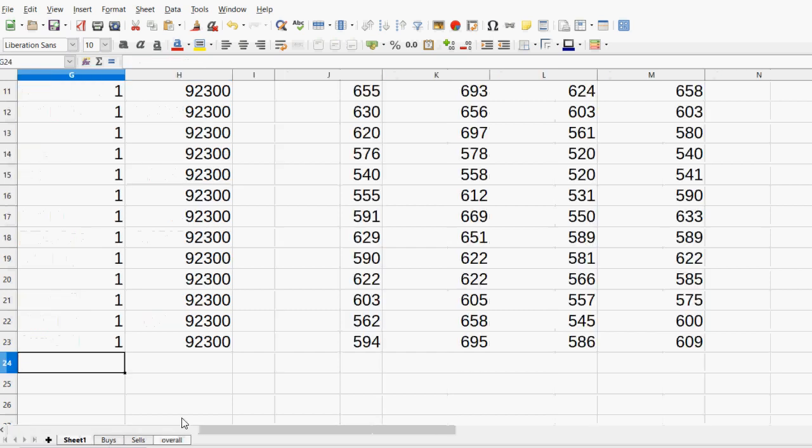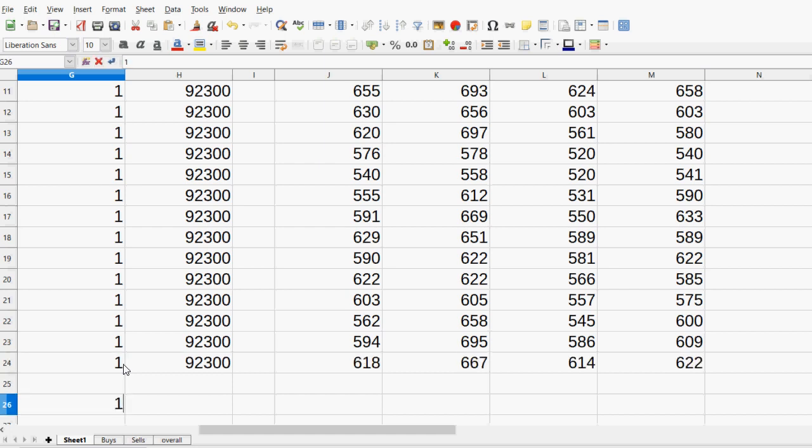So the last trade, of course, was a sell at 695. So you're looking to buy, say, 595. We'll go. And it goes to 571.